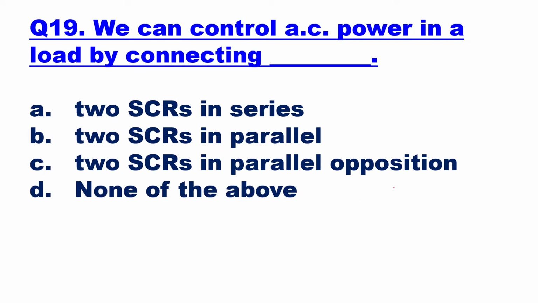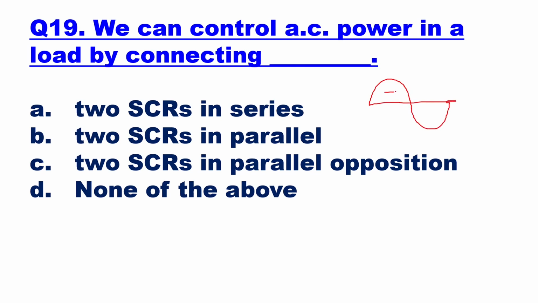We can control AC power in a load by connecting dash. So the options are two SCRs in series, two SCRs in parallel, two SCRs in parallel opposition, and none of the above. Okay, so when you want to control AC, AC will have a positive half cycle and a negative half cycle.